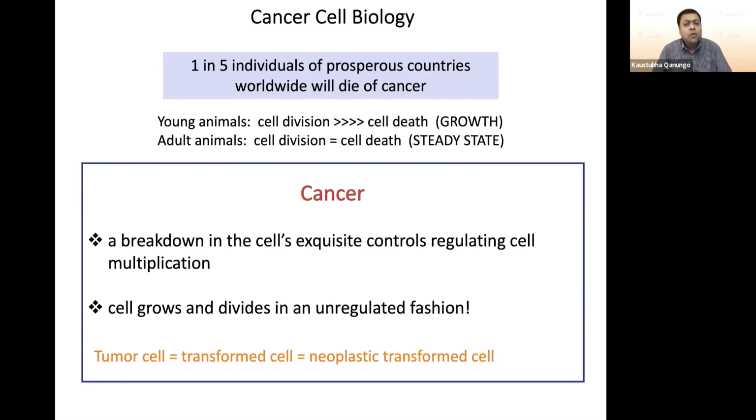Interestingly, it is not that relevant in many of the developing countries or third world countries, because, as we are going to see in the statistics, malnutrition, infectious disease and other diseases are usually the main causes of death there.